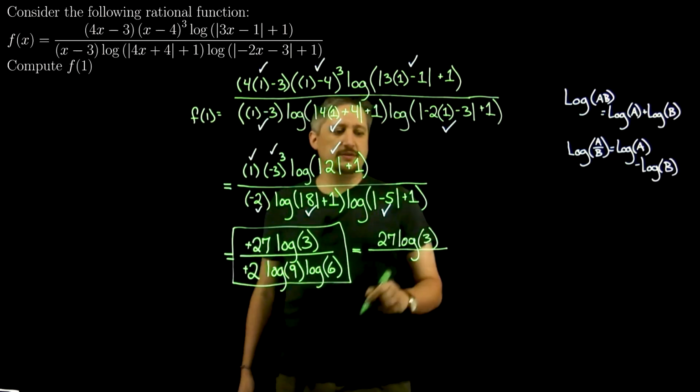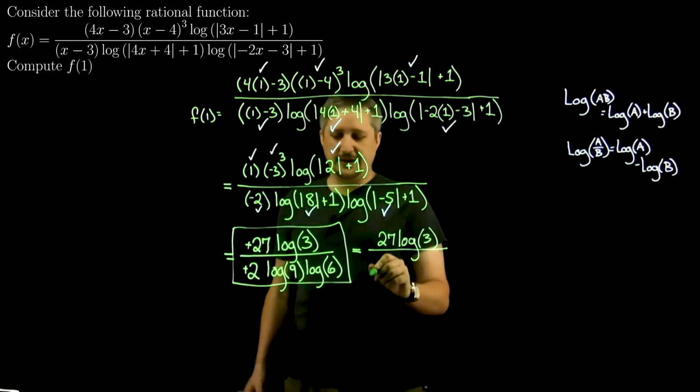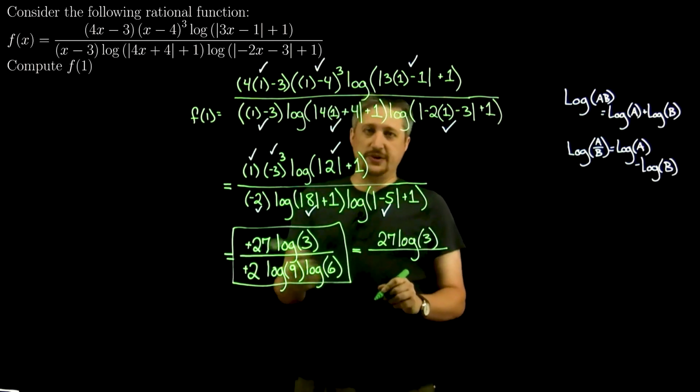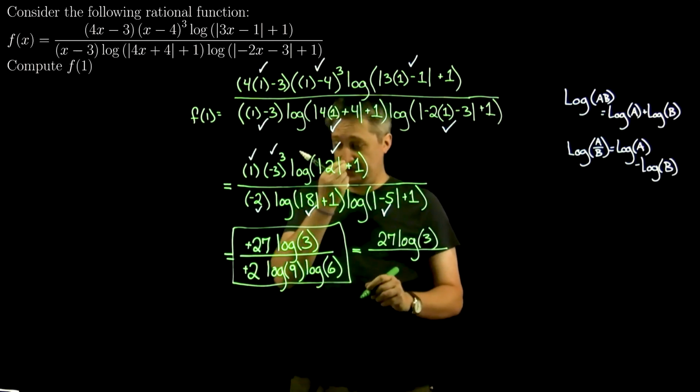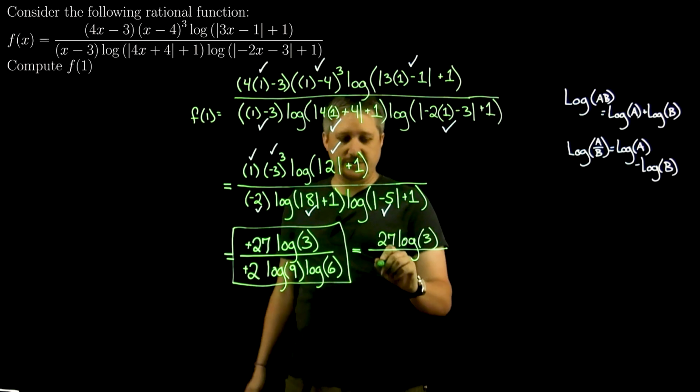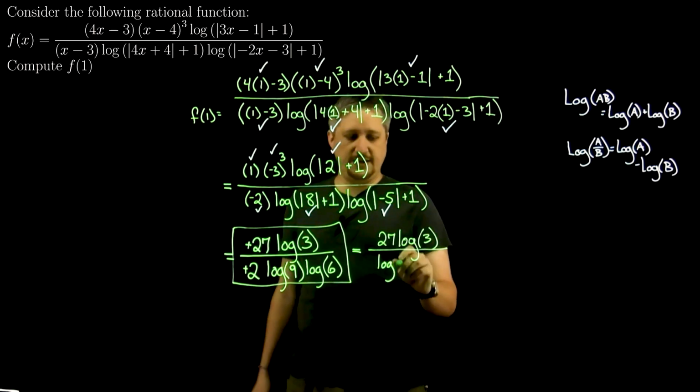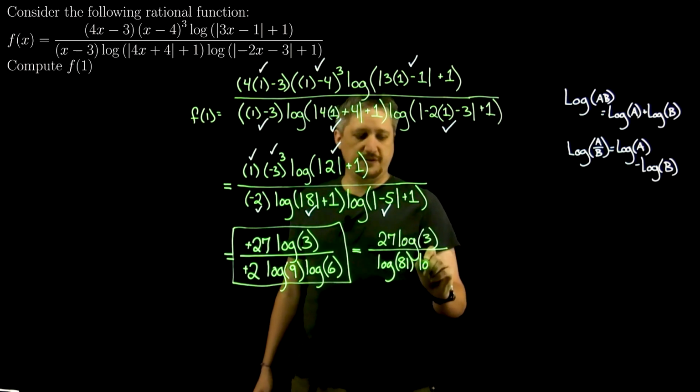So I have 27 log 3, and then I could take this 2, and because it's multiplying both, I could do either one. So I could do this as log of, let's say, 81, log of 6.